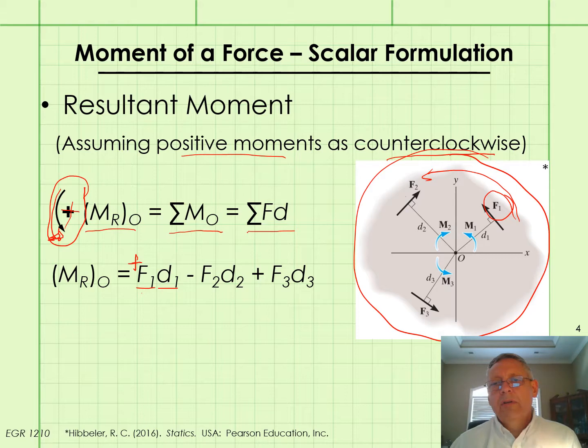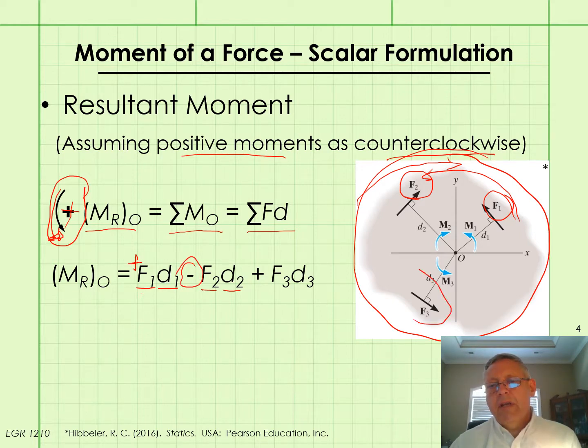F2 creates a moment of magnitude F2 times its perpendicular distance from O, d2, and it's tending to rotate in a clockwise fashion about point O, so it gets a negative sign.